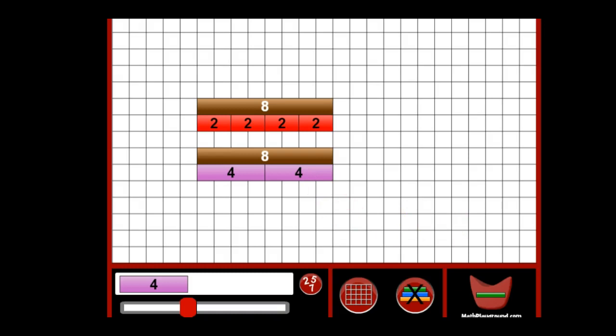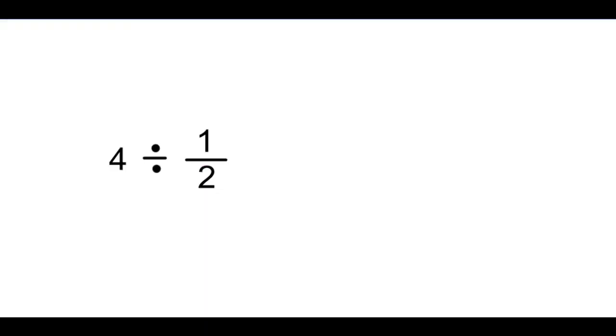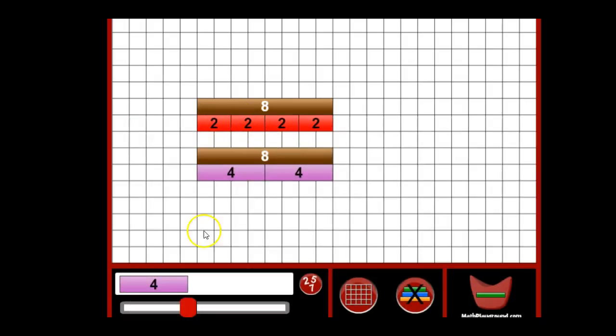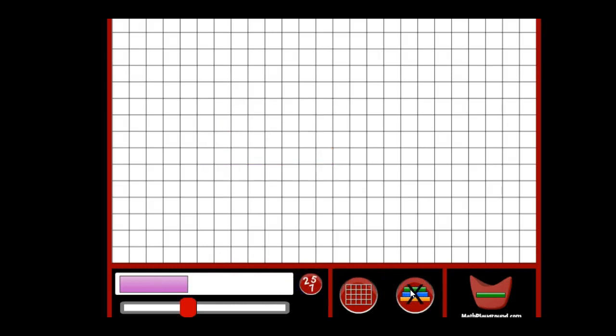So for instance, if I have 4 and I want to divide it by 1/2, I'm going to do the same thing. Now I don't have a Cuisenaire rod that represents 1/2, so what I'm going to do is first get rid of these numbers, and I'm going to let something represent 1 whole, something that's divisible by 2.